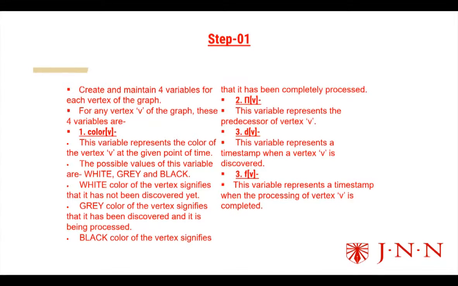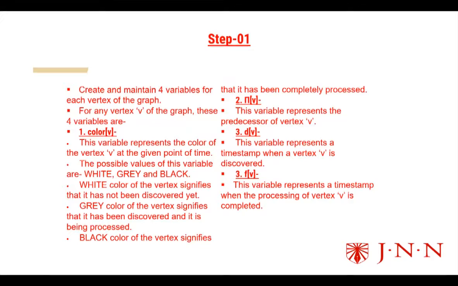And these are the implementation steps of the depth first search algorithm. Here first we have to create and maintain 4 variables for each vertex of the graph. So for any vertex v of the graph, these 4 variables should be contained. First, the color variable.